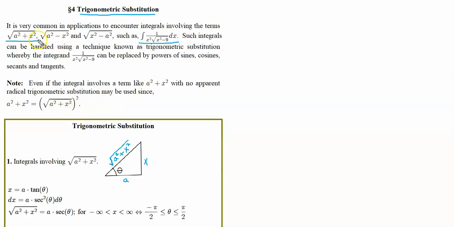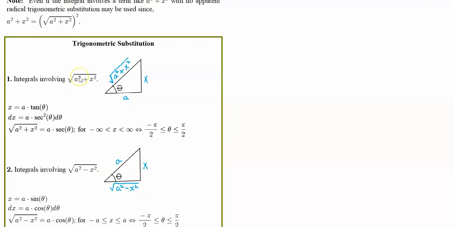Okay, so even though your integrals may not exactly involve terms like this, you can still use trigonometric substitution in certain cases. Now, there are going to be three cases that we consider with trigonometric substitution.